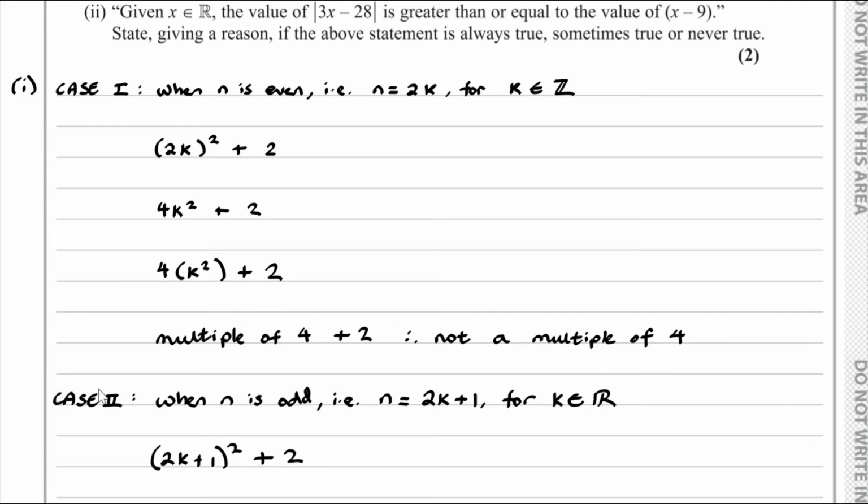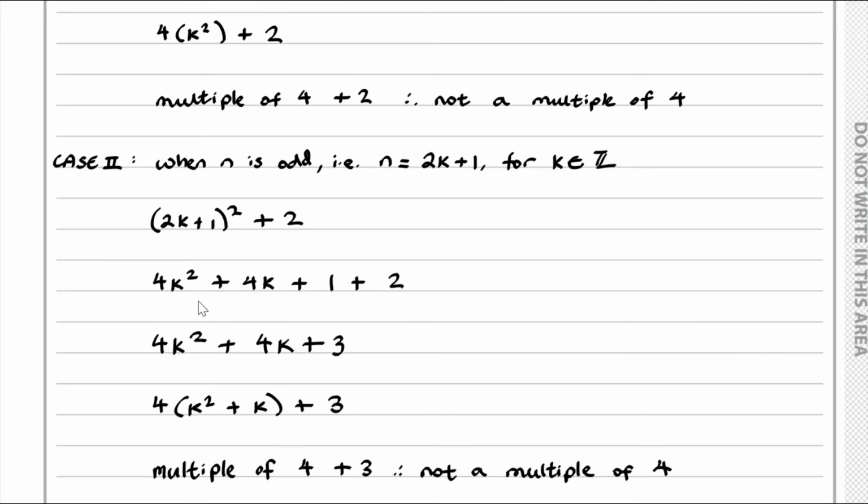And similarly, when n is odd, we can rewrite n as 2k plus 1 for some integer k. Then we can replace the n with 2k plus 1, so we have 2k plus 1 all squared plus 2, so we have 4k squared plus 4k plus 1, and then we still have this plus 2.